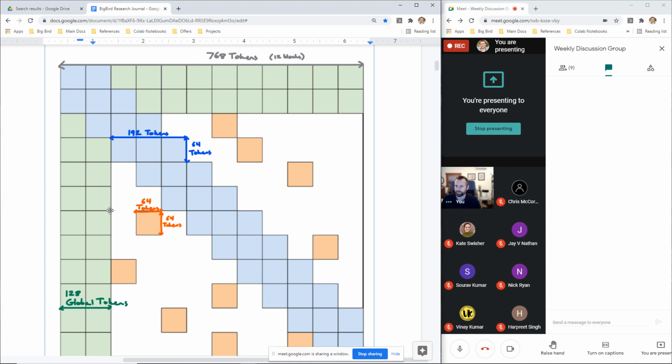So there's a couple things. The global tokens you can do efficiently because they are dense, right? This is saying that we need to take the 768 query tokens and multiply them against all 128 global tokens.